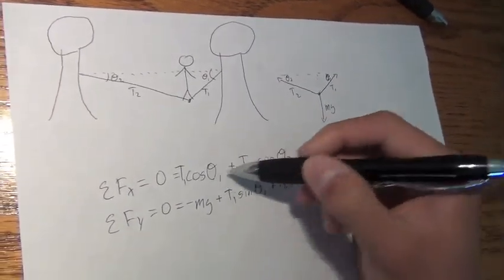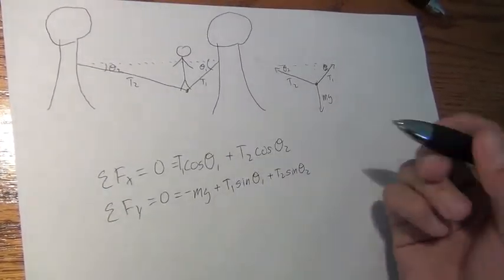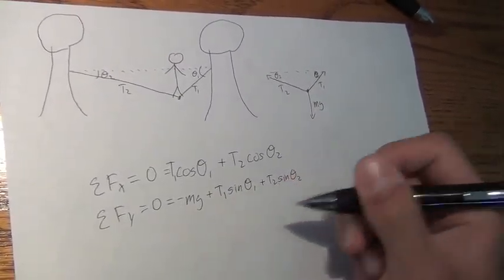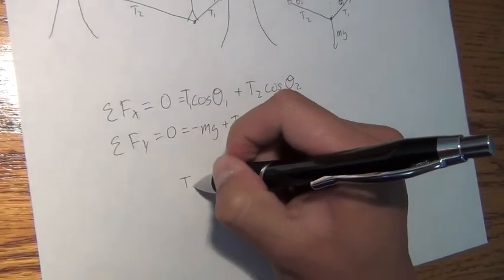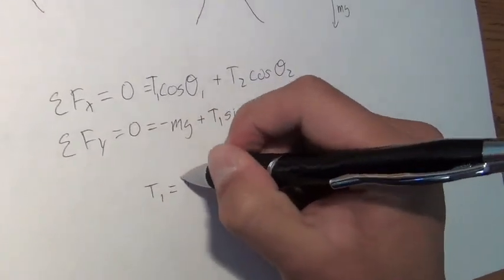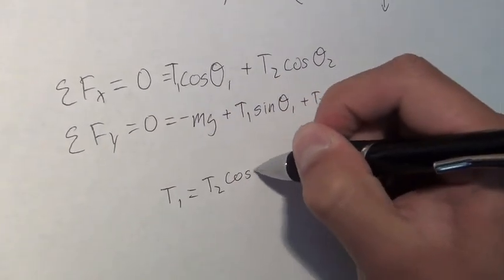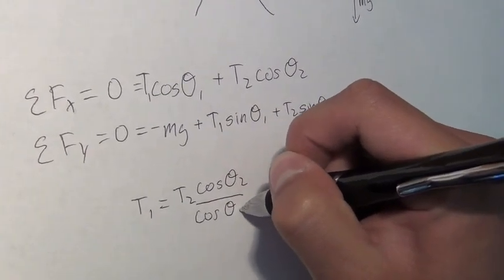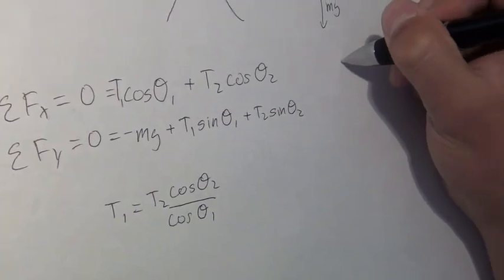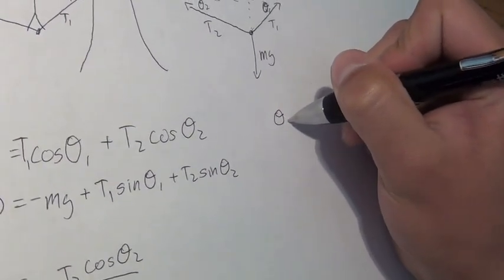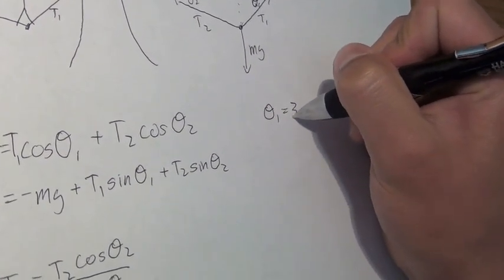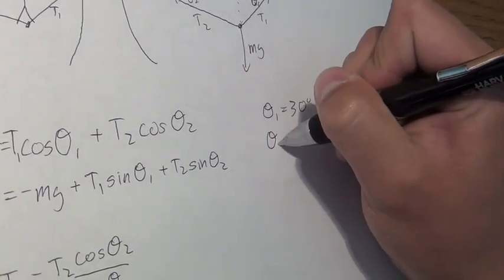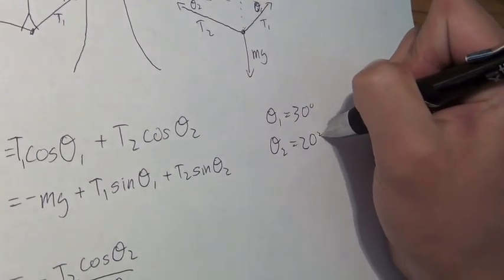And then if you use the first equation to solve for t1 in terms of t2, let's say, you'll get t1 equals t2 cosine theta 2 divided by cosine theta 1. In this case, we approximated theta 1 to be 30 degrees and theta 2 to be 20 degrees.